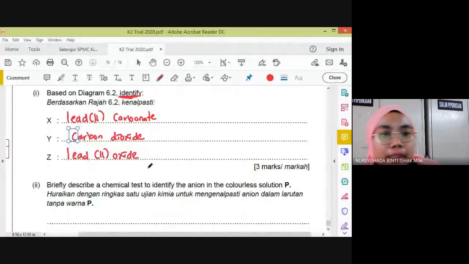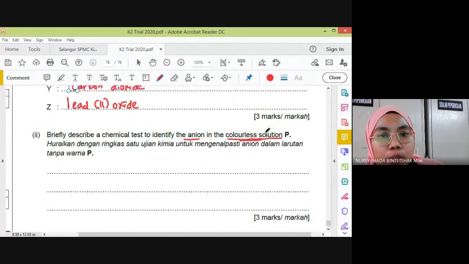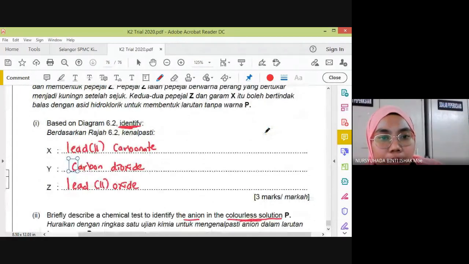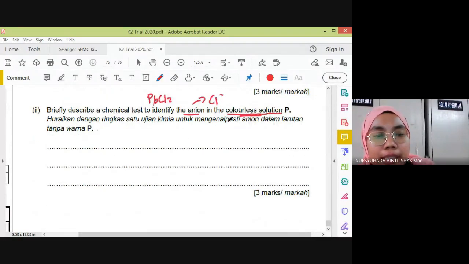Briefly describe a chemical test to identify the anion in colorless solution P. Solution P ni tadi apa? Lead(II) chloride kan? So anion dia adalah Cl minus. So macam mana nak ingat Cl minus?